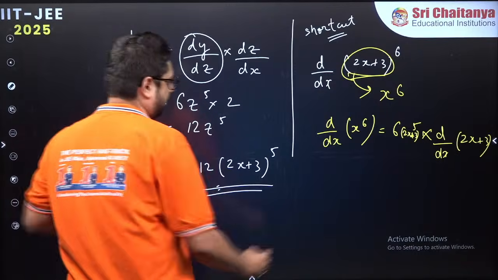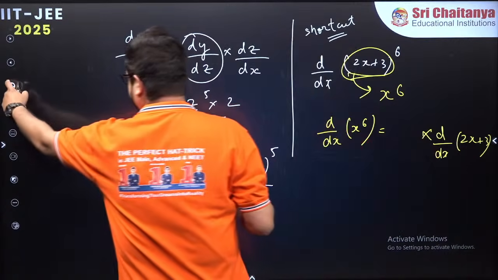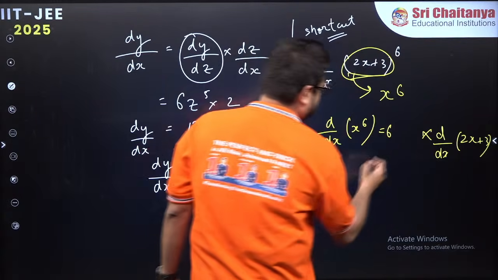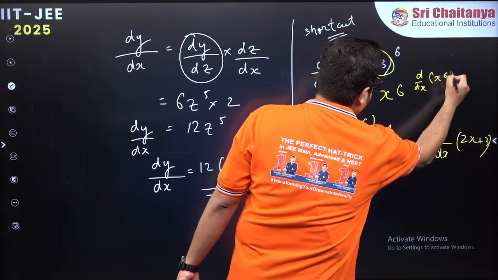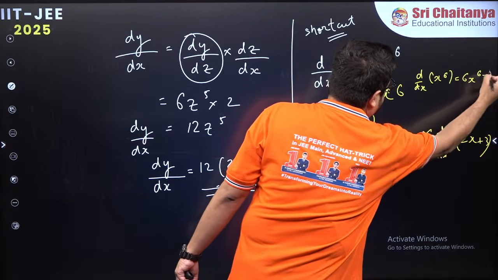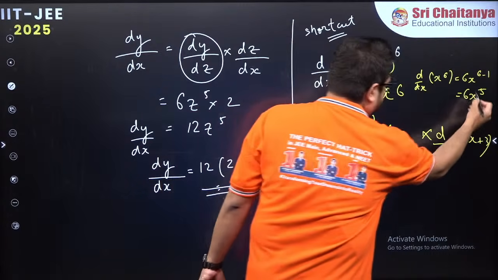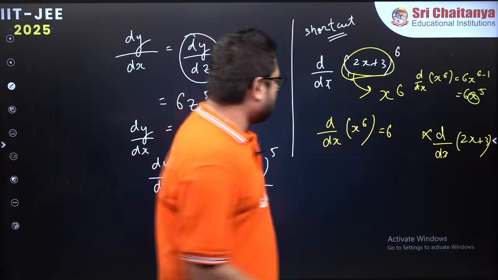Let me write it down properly, what I'm trying to say. You treated it to be your x. You know that d by dx of x to the power 6 is 6x to the power 6 minus 1, which is 6x to the power 5. Obviously that is not x, we are having something in between. So what are you going to write down?